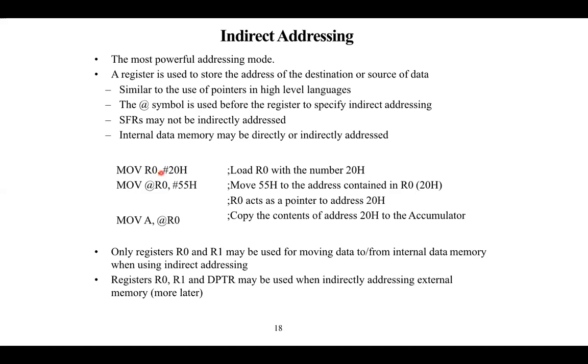MOV R0, #20H loads R0 with the number 20H. MOV @R0, #55H moves 55H to the address contained in R0, that is 20H.